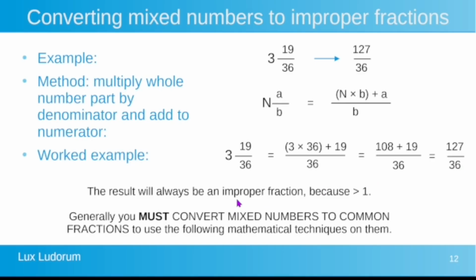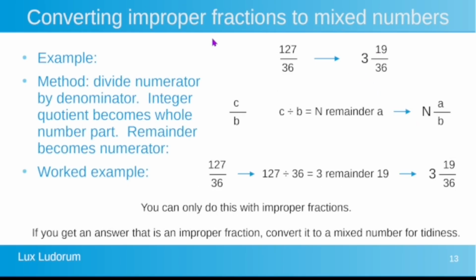And the result will always be an improper fraction because we're dealing with a quantity bigger than 1, thanks to an integer here. And generally, you must convert mixed numbers to common fractions to use the following mathematical techniques on them. Don't leave them in this form, convert them to that form.